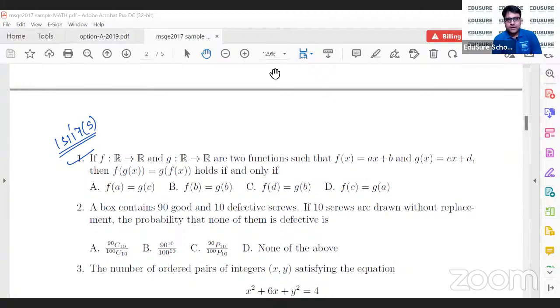Ending the poll in 5, 4, 3, 2, 1 now. चलिए देखते हैं कैसे करते हैं ये कॉम्पोजिट फंक्शन का क्वेश्चन.